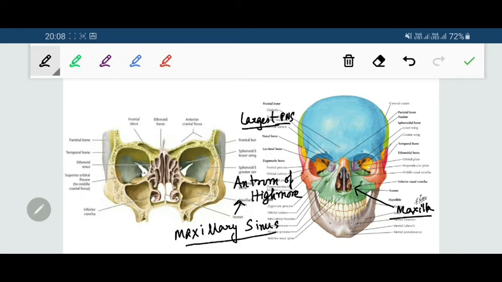Pneumatic because it is air filled due to the presence of maxillary air sinus, and the maxilla of both the sides form the upper jaw, upper cheek, and also part of the margins of nasal cavity, as well as orbital margins. Apart from being the largest paranasal sinus, it is also the first to develop.